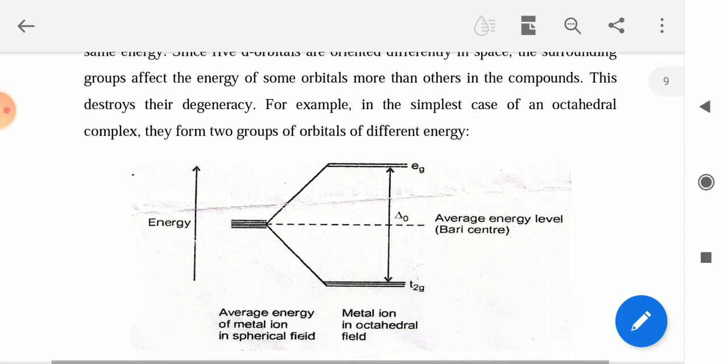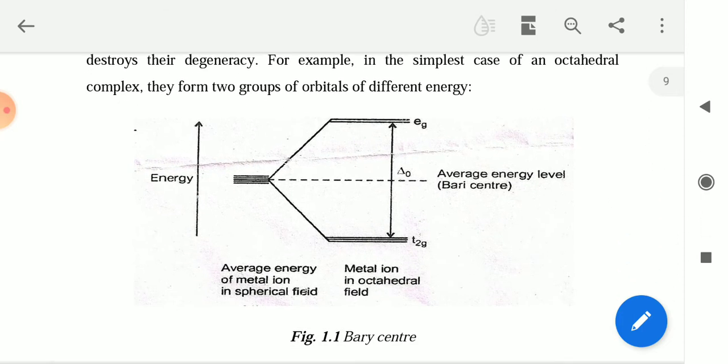Here you can see the spectra in octahedral complexes. In octahedral complexes, the t2g and eg are the orbitals, and delta o is the energy gap between these two orbitals.